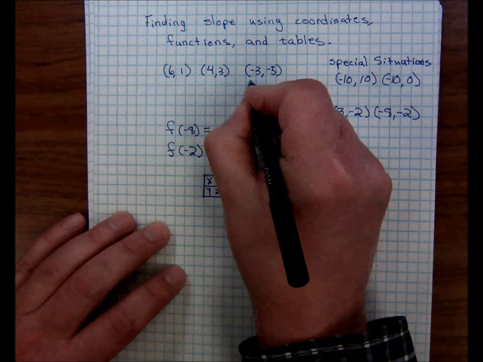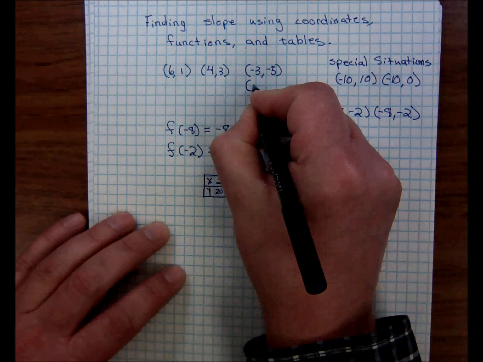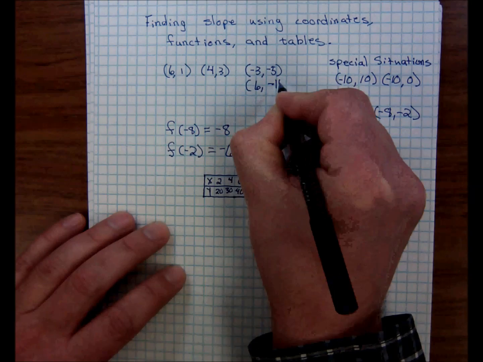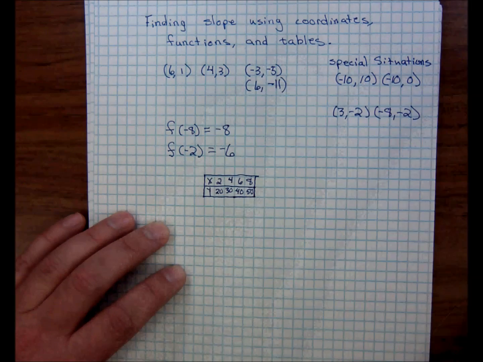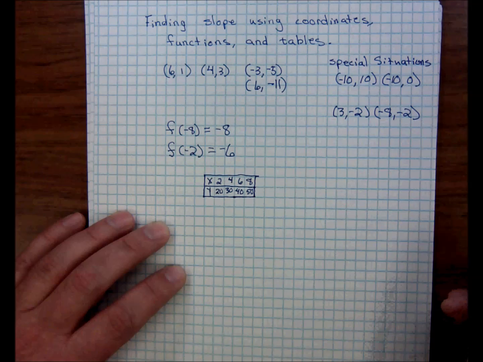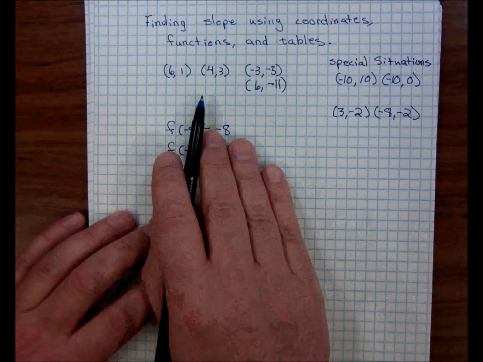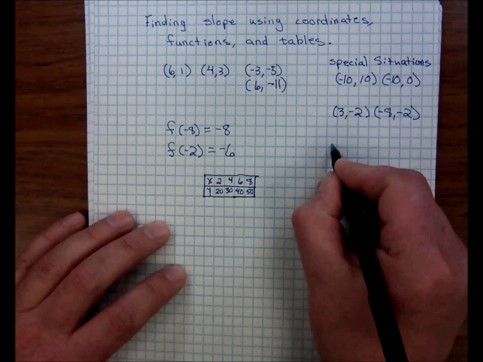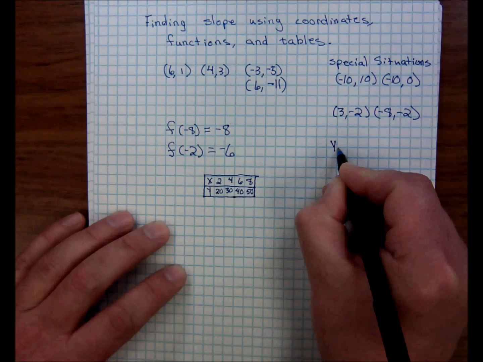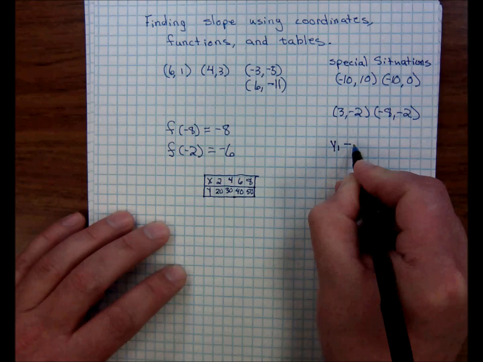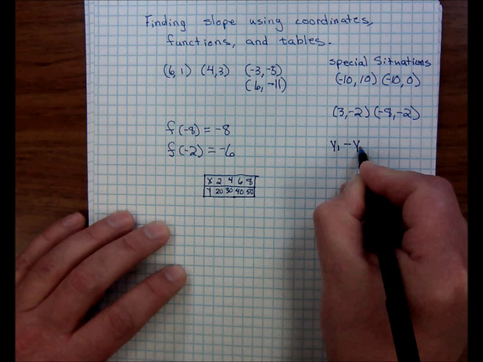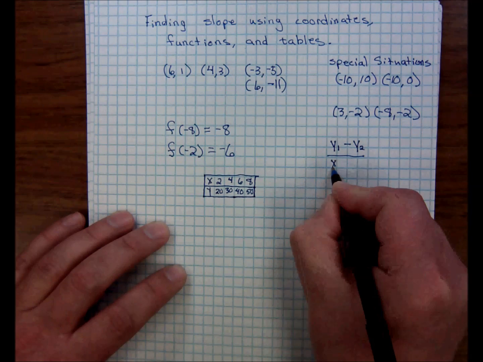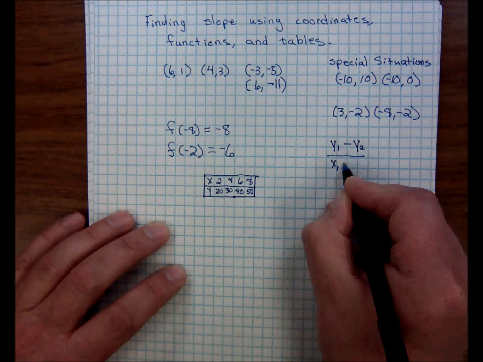One thing that you have to remember: slope is rise over run. And one of the things we can do to find rise over run when we have 2 coordinates, 2 points, is take one of the y's and subtract the other y, over one of our x coordinates minus our other x coordinate.